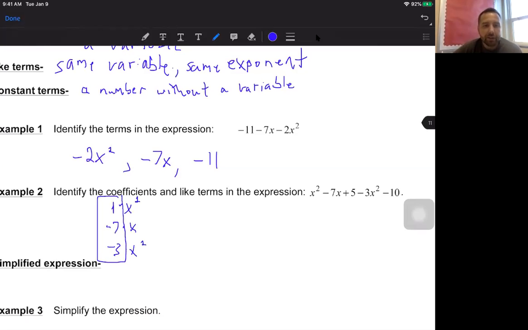The second part of this question says, combine the like terms in the expression. Like terms mean that they have the same variables with the same powers. So for example, we have a 1x squared, and that could be combined with the other x squared, which has a -3 in front of it. So 1x squared minus 3x squared gives us what?